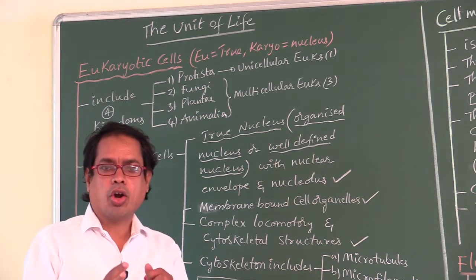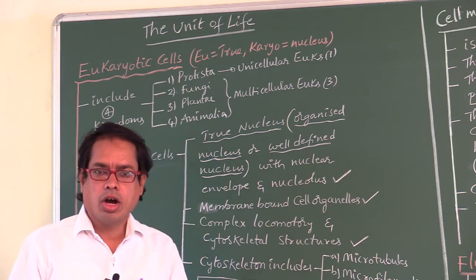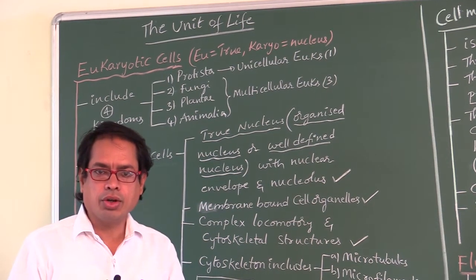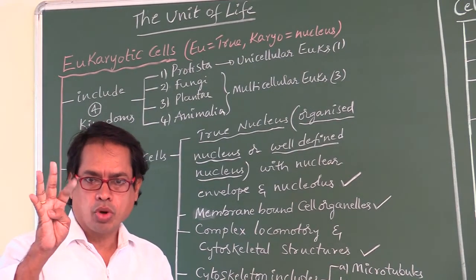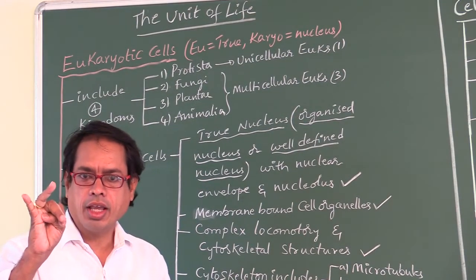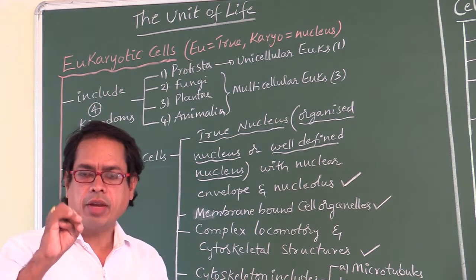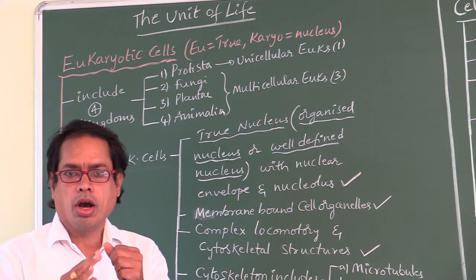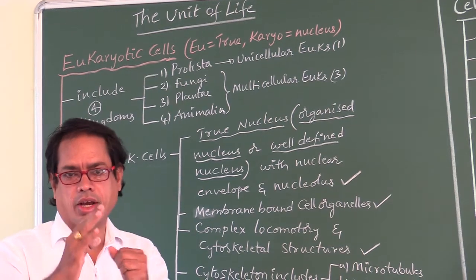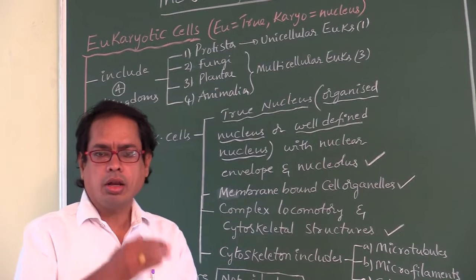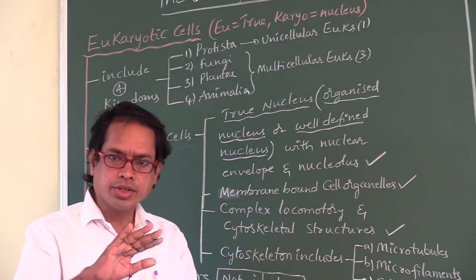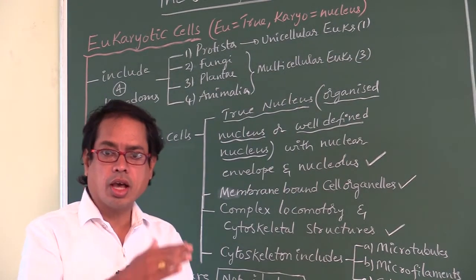According to Whittaker, all the organisms are divided into 5 kingdoms: Monera, Protista, fungi, plantae, animalia. All monerans are prokaryotes, isn't it? Or all prokaryotes are monerans, or all monerans are prokaryotes.